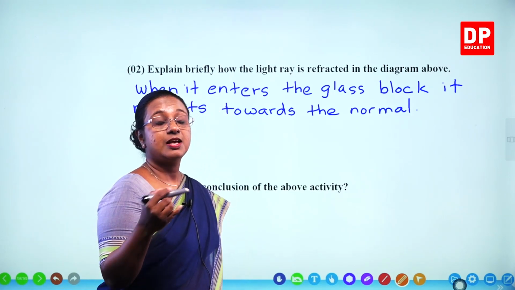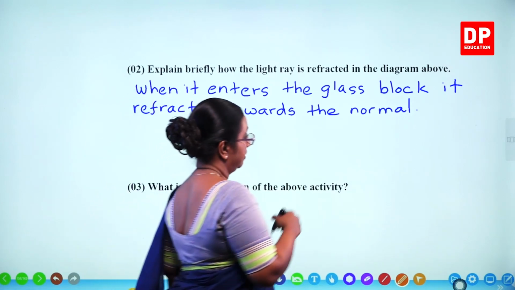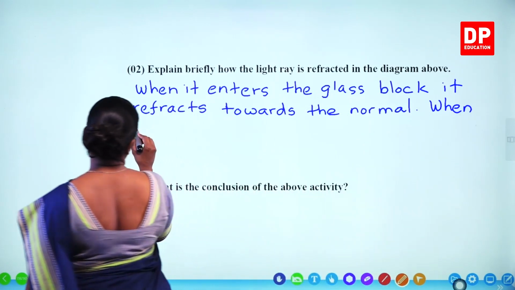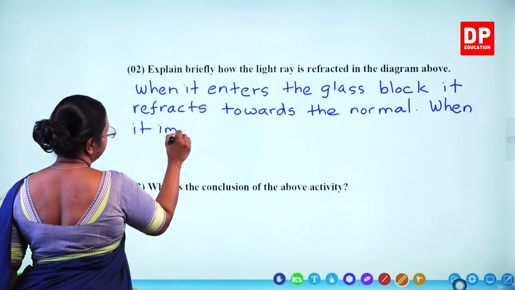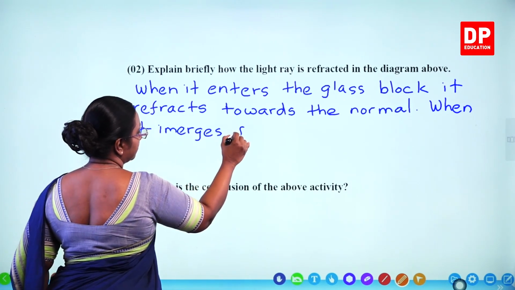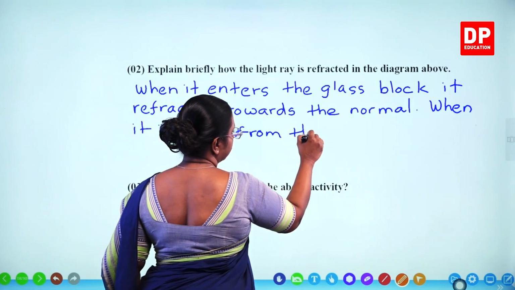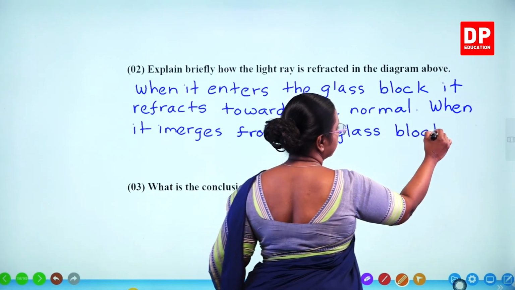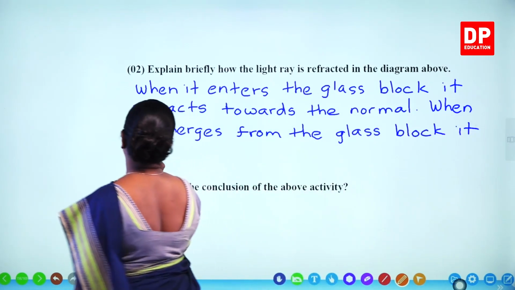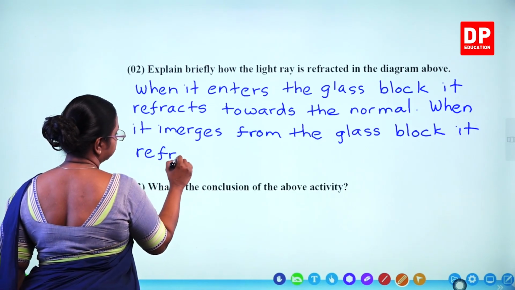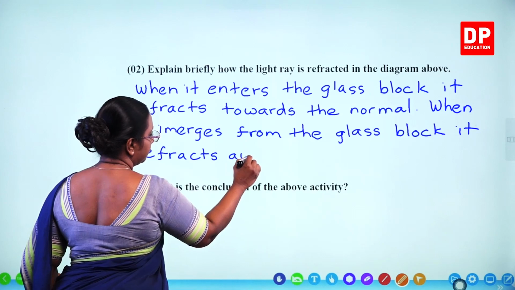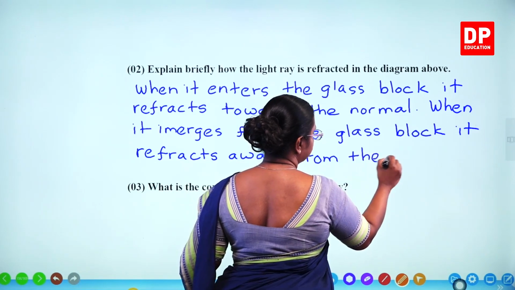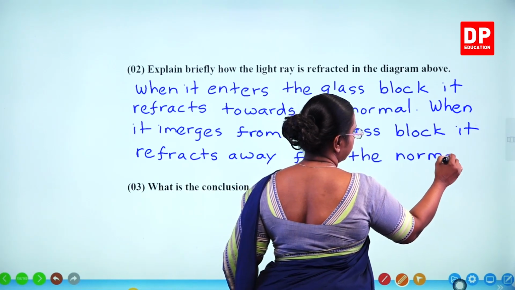Then when it exits or when it emerges from the block of glass, when it emerges from the glass block, it refracts away from the normal.